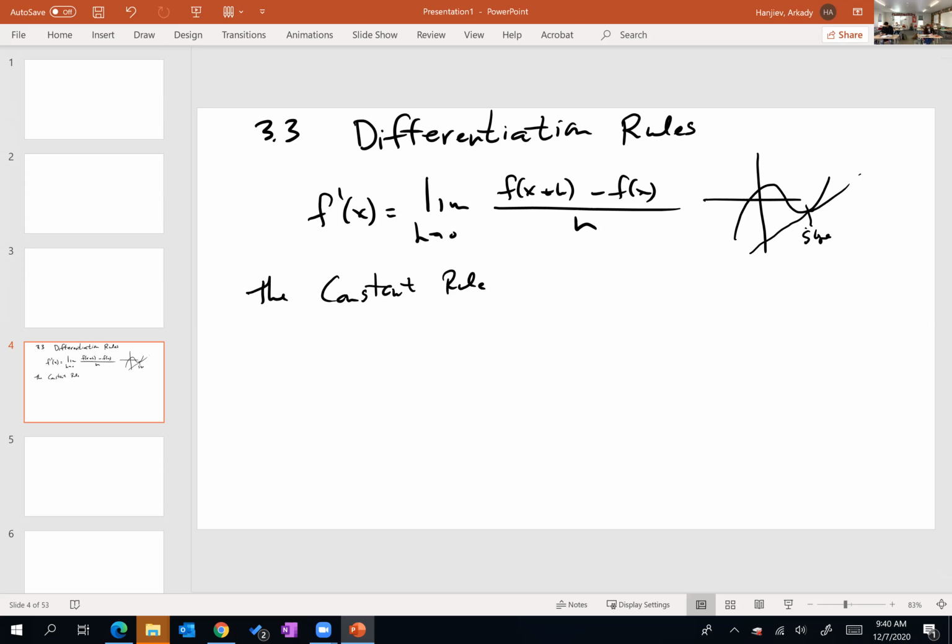Let's take a look at it graphically. If I have this function here, let's say f of x is equal to 3, because it's a constant function. Talk to me: what is the derivative, or what's the slope of that line right there?